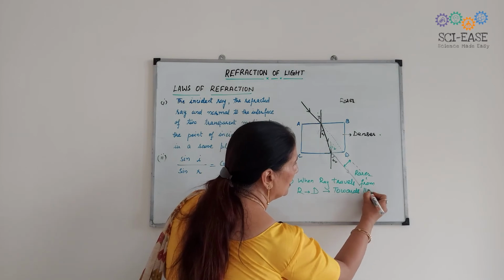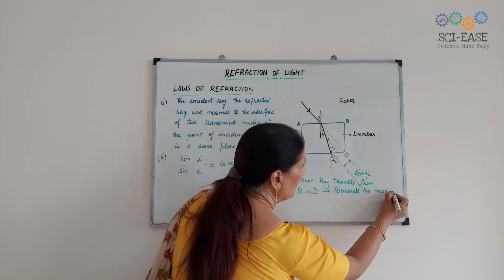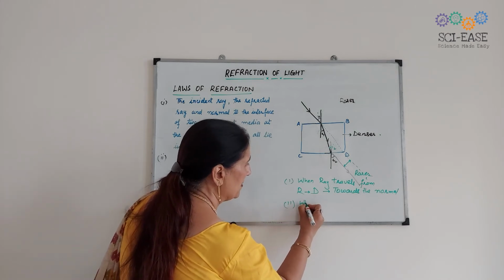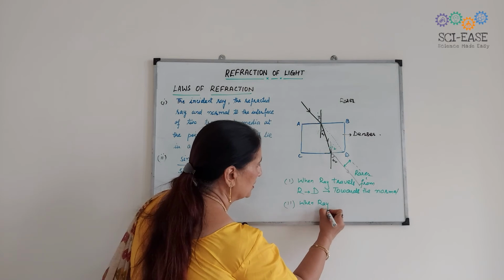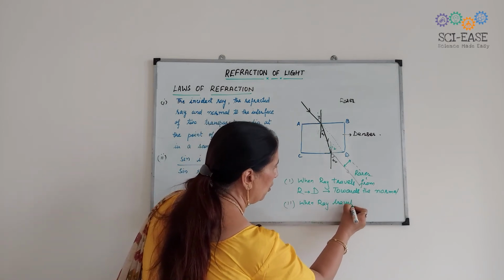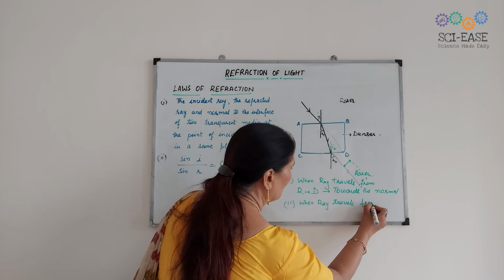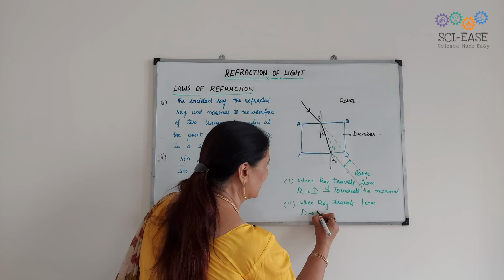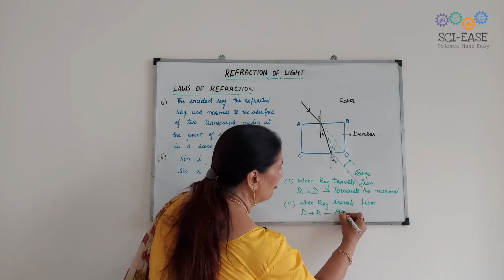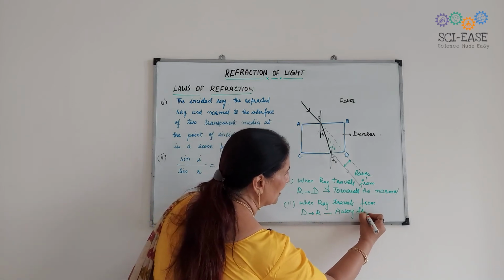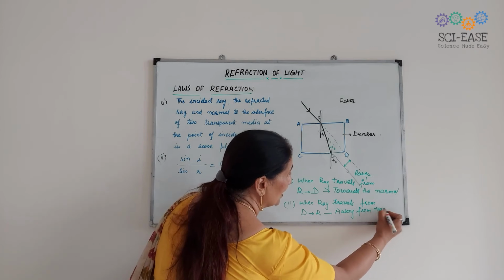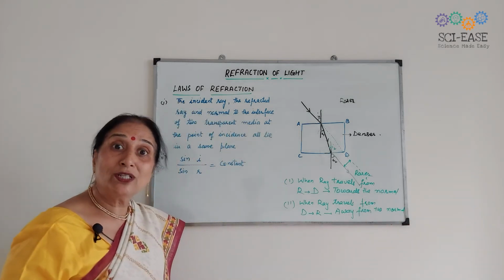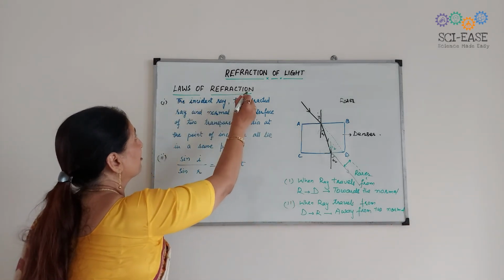And second, when a ray travels from denser to rarer, it will bend away from the normal.